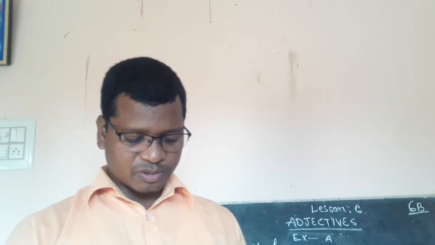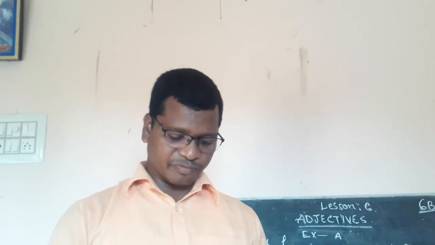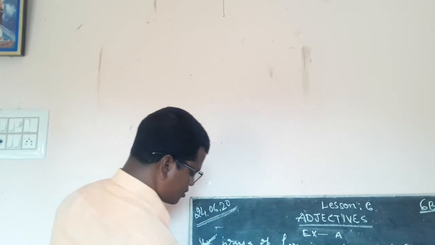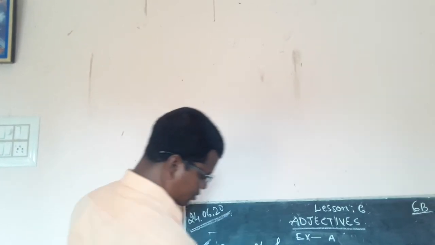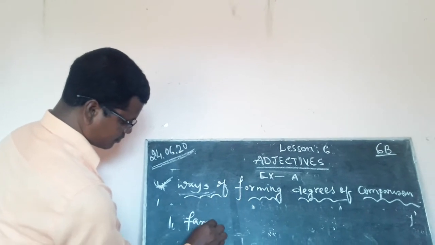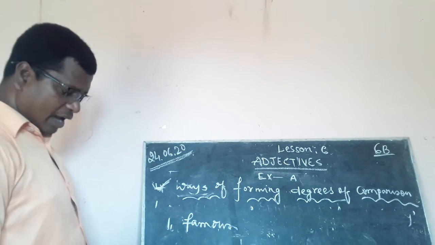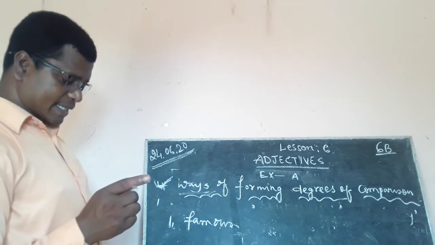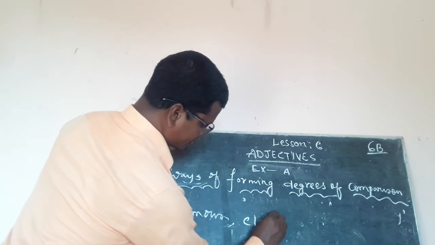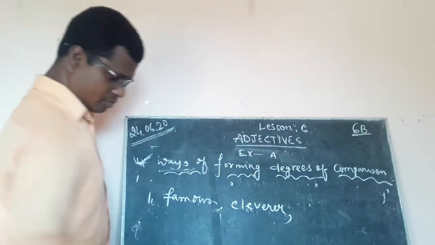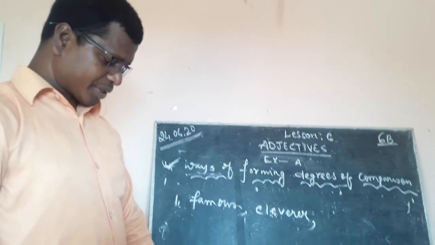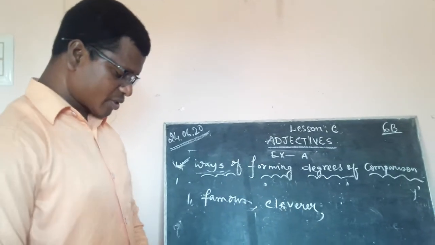He was cleverer than. Within the bracket clever is there, so that will be cleverer. I'll just write down on the board the first option. First option, this will be famous. And then we have he was cleverer. So here we will write famous, then cleverer, than the other animals. Once he tricked an innocent tailor bird.